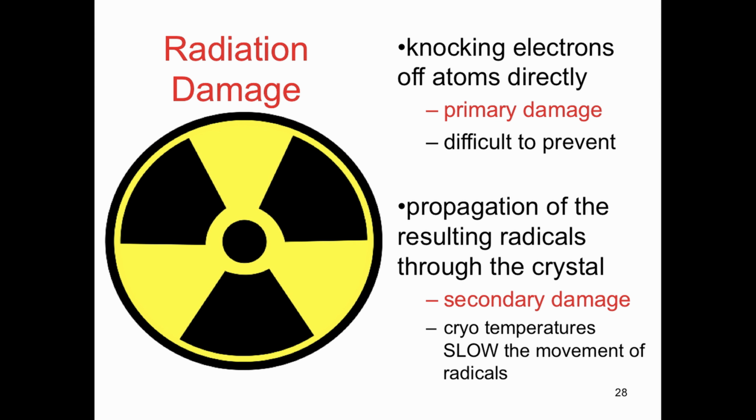They knock off more electrons, and now you have those electrons knocking off more electrons. This is the secondary damage. This we can't prevent either, but what we can do is slow it down by working at cryo temperatures. So this is why we put the crystals into liquid nitrogen and keep them at minus 196 degrees centigrade. So we are collecting the diffraction patterns of crystals that are under liquid nitrogen.